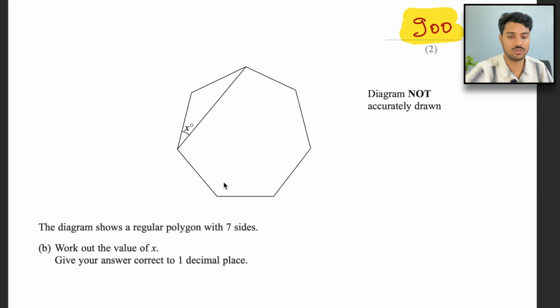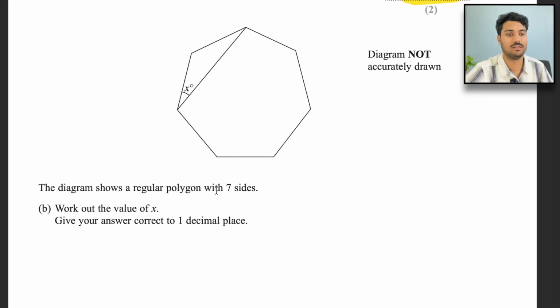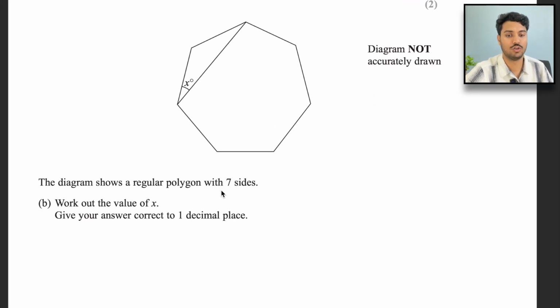Let's move on to the next question now. It says the diagram shows a regular polygon with 7 sides. Work out the value of x. Give your answer correct to 1 decimal place. If this is x, this will also be x, because this is a regular polygon and all the sides are equal, so this triangle will become an isosceles triangle.